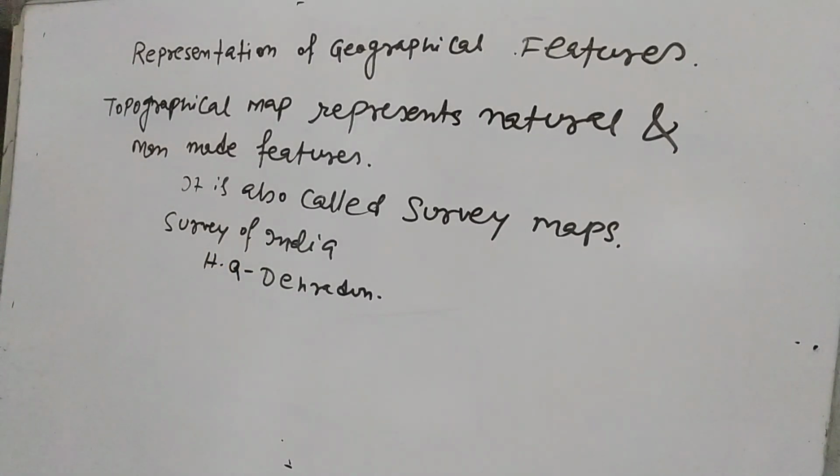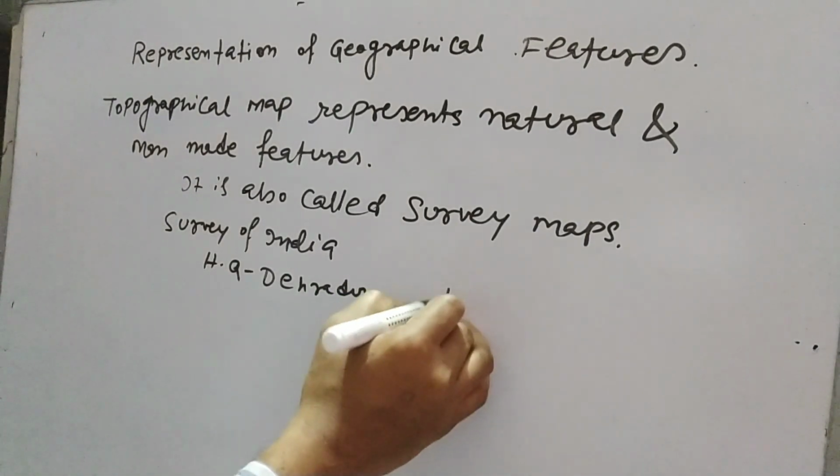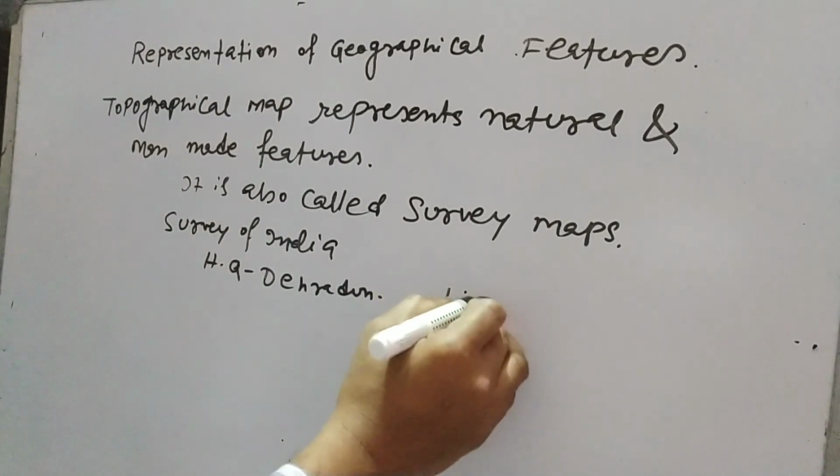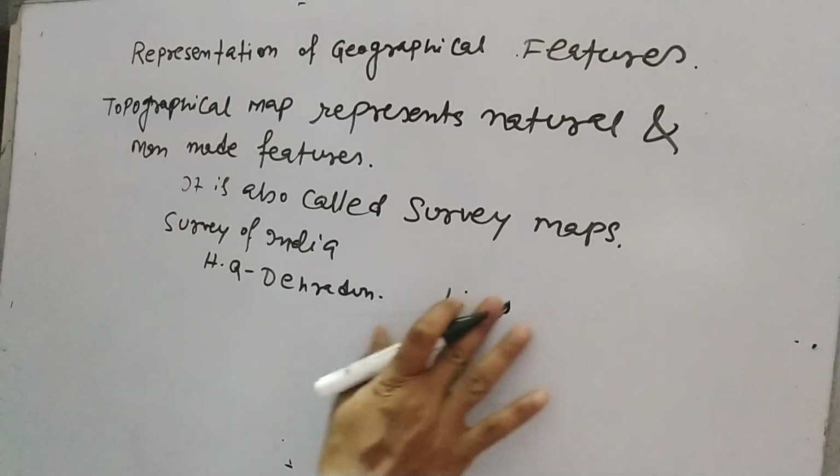That organization was established by the British, right? Topographical maps show detailed information of a small area, and the scale of topographical maps is basically 1:50,000.